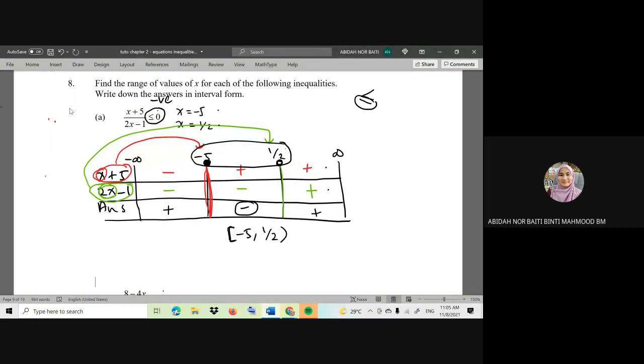This is an interval notation. Your solution set is, we start from negative 5 less equal x less than half. Okay, boleh ya?